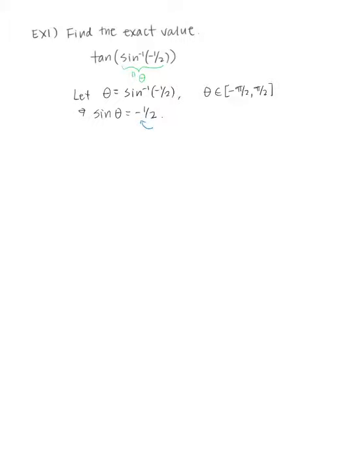Let me just draw the quadrants. Sine is negative in which quadrant? Quadrant 3 or quadrant 4. But remember, theta has to be between negative pi over 2 and pi over 2.